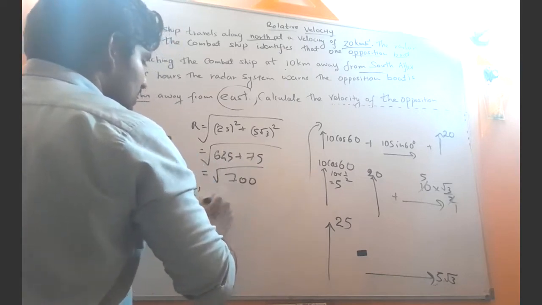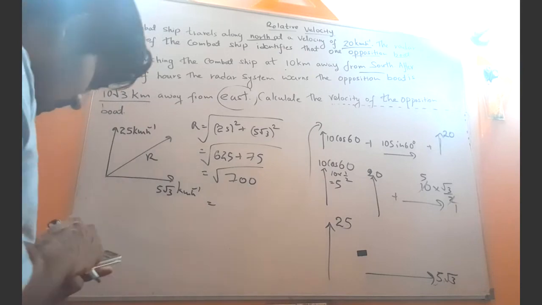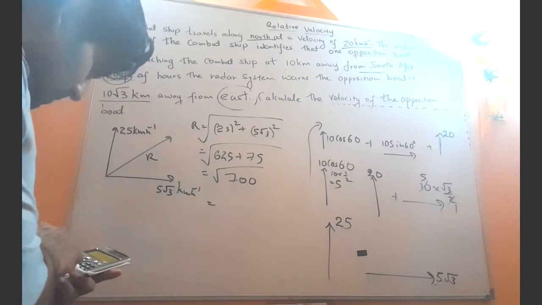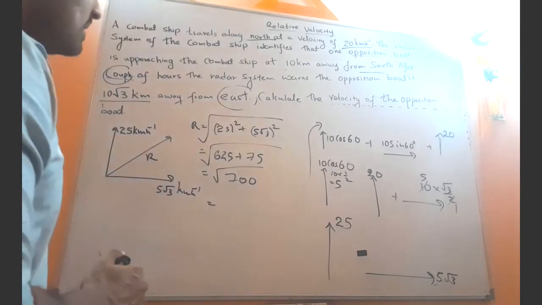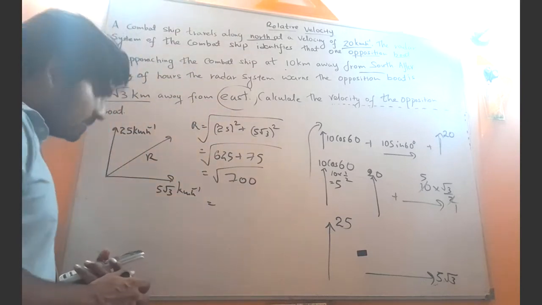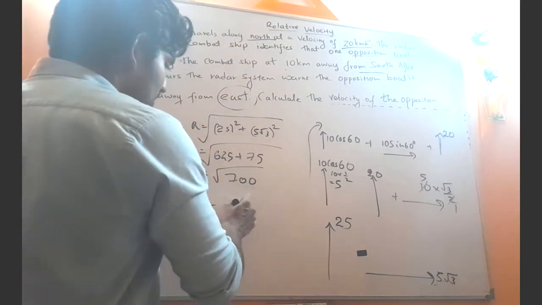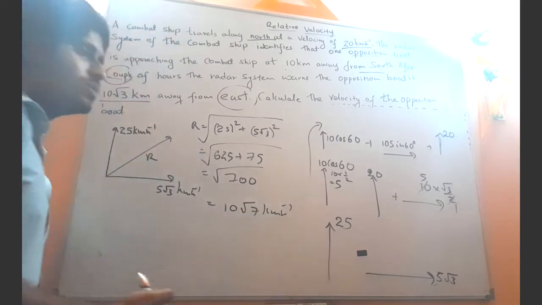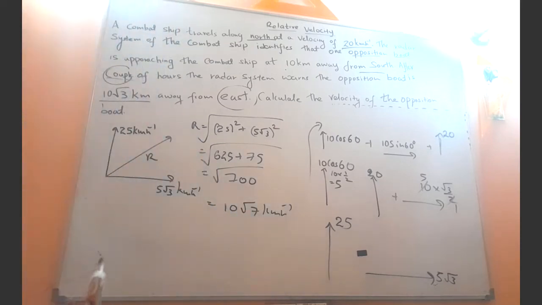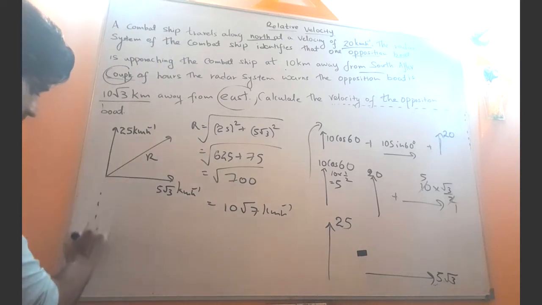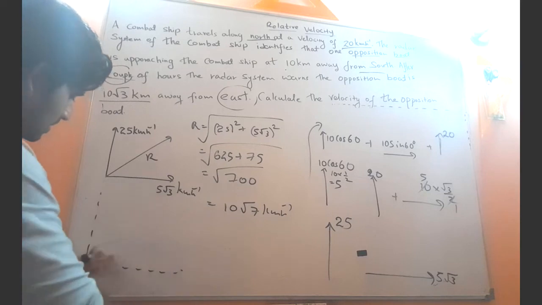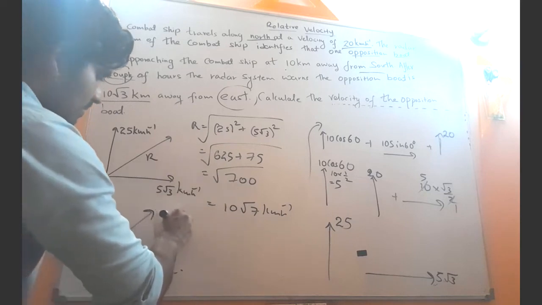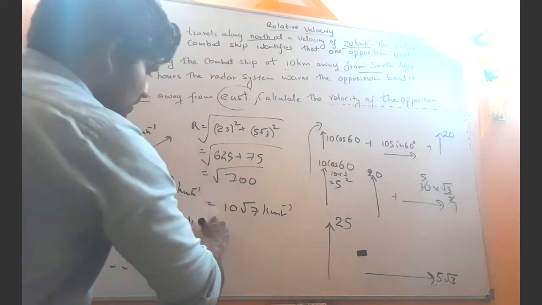So what is the square root of 700? It is 10 root 7. So the resultant is 10 root 7 kilometers per hour.